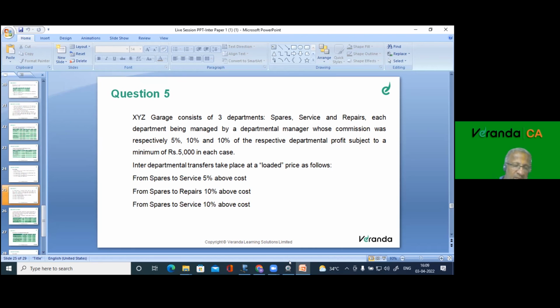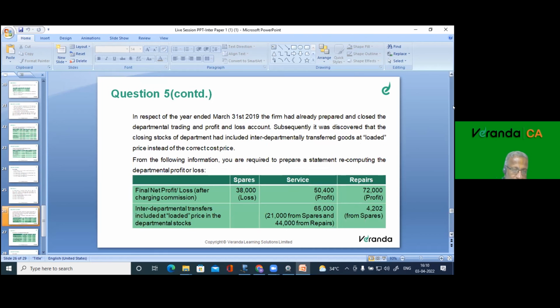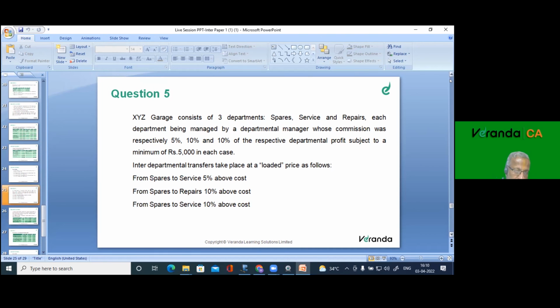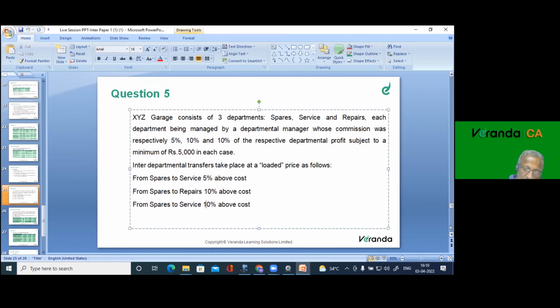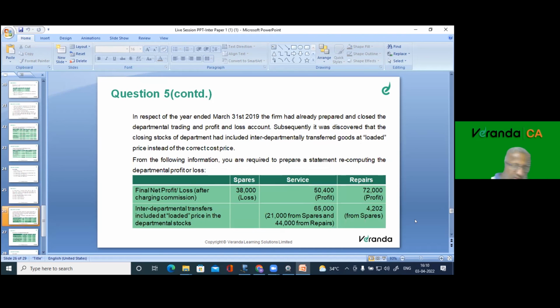Interdepartmental transfers take place at a loaded price: from spares to service 5%, from spares to repairs 10%, from spares to service. I think there is a mistake, because 5%, 10%, now it cannot be the same. Maybe we will just wait for that.